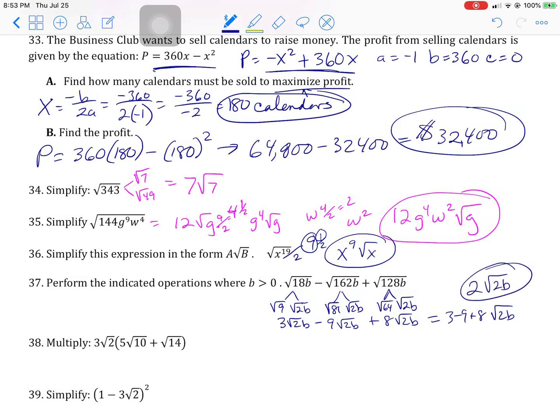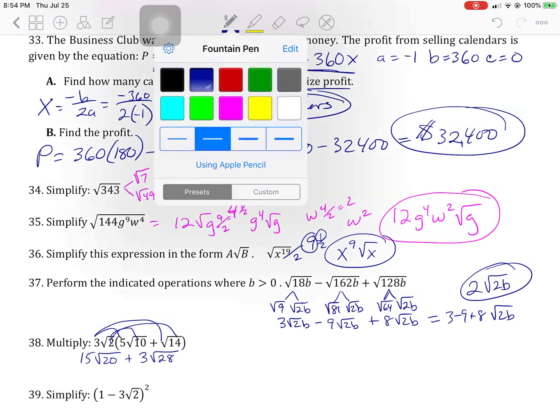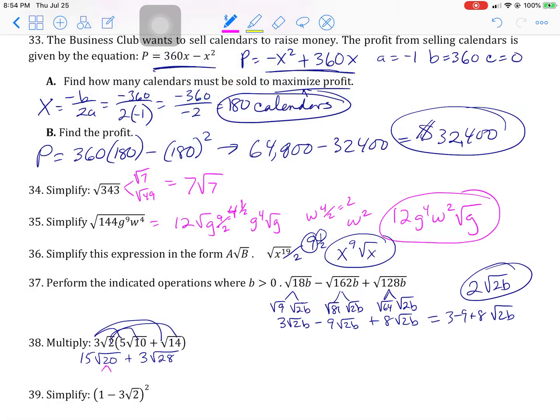Okay. Multiplying, outside times outside. Inside times inside, that's where I start these. Outside times outside, that's a 3 times 1 is 3, and a 2 times 14 is 28. 20 is a square root of 4 and a square root of 5. 28 is a square root of 4 and a square root of 7.